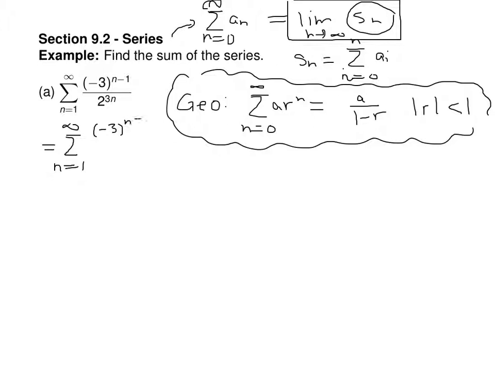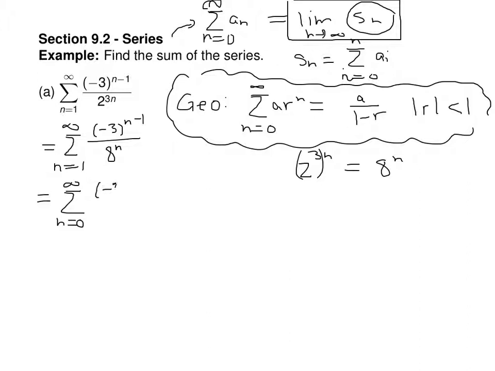So first of all, also notice, which I think will make it a little bit easier, 2 to the 3n is the same thing as 8 to the n. So let's change that to 8 to the n. Okay, so this is the same thing as beginning my sum at 0, and then inputting n plus 1 for all my n's.